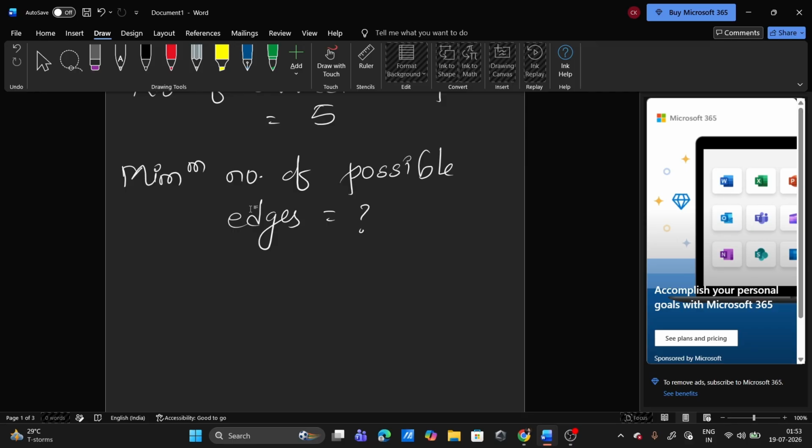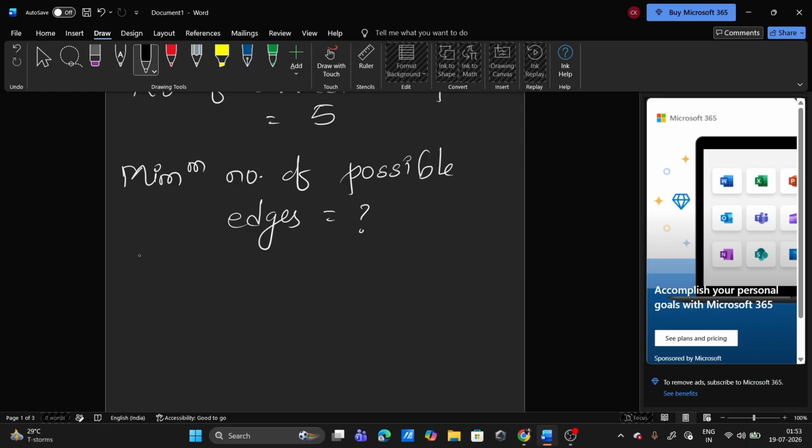We'll try to distribute these 20 vertices into 5 components, keeping in mind that we have to bring as few vertices as possible together.